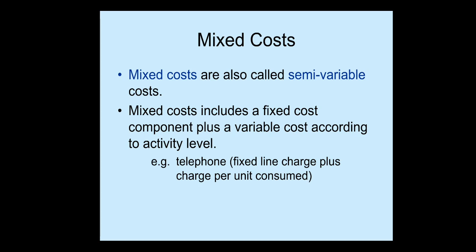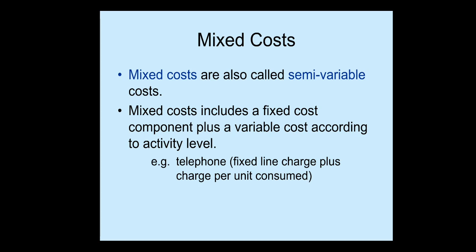The fixed component of the cost is the $20 that I have to pay every month. That is fixed. The variable is 10 cents per minute. I think electricity at home may be something like that also. I think I have to pay like $20 or $10 fixed every month.